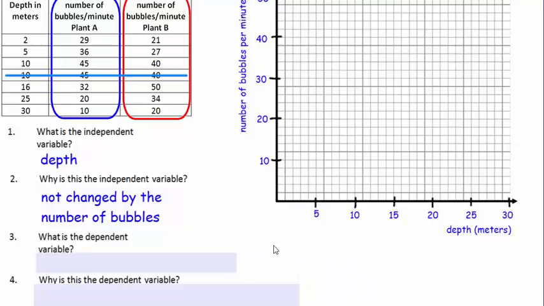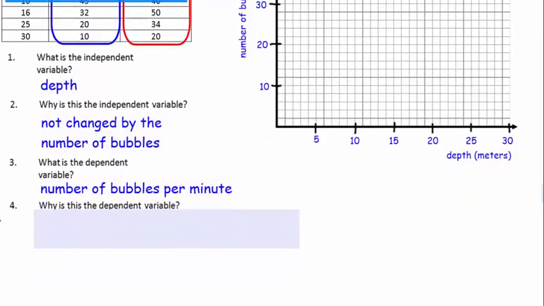Okay, so the dependent variable is just what we just said, the number of bubbles. And this is for each minute. And so think for a second why this is the dependent variable.